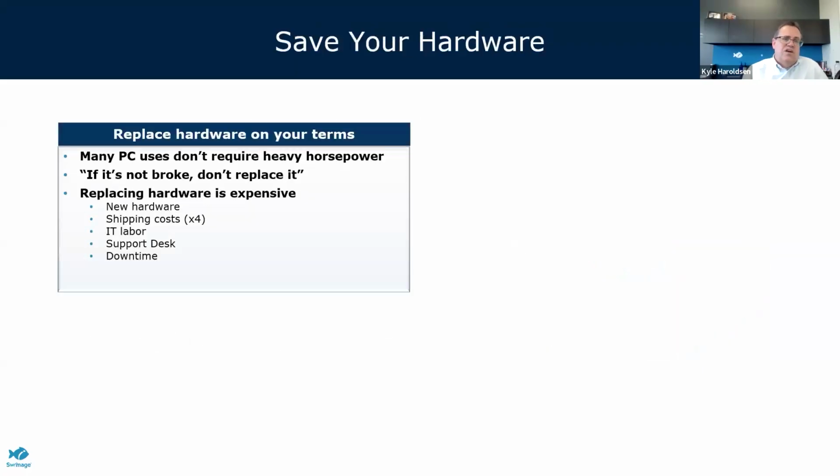Another factor is saving your hardware. We have the ability to do a migration on hardware that's not technically supported, but many of the devices don't require the heavy horsepower. They may be a simple, single-use application on a machine. They don't need the horsepower that Windows requires. So Windows 11 says, hey, you need to hit these specs, we're not going to let you migrate.